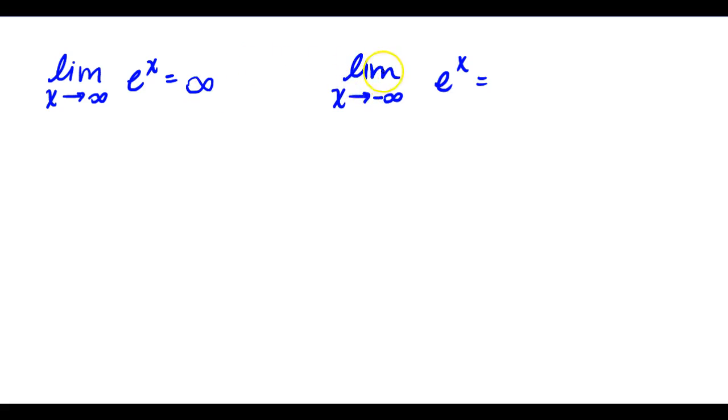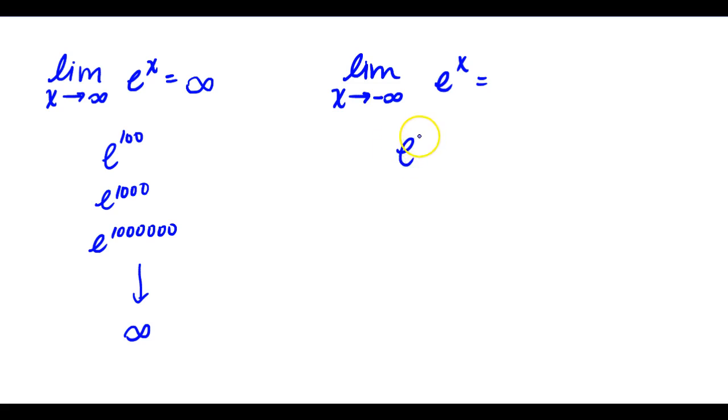So what about the limit as x approaches negative infinity of e to the x? Is it going to be negative infinity? So let's think about it for a second. Here, we thought about maybe plugging in e to the 100, and then e to the 1000, and then e to the 1 million. And these are getting bigger and bigger and bigger, so these are headed toward infinity. But what happens when I plug in big negative numbers in for x?